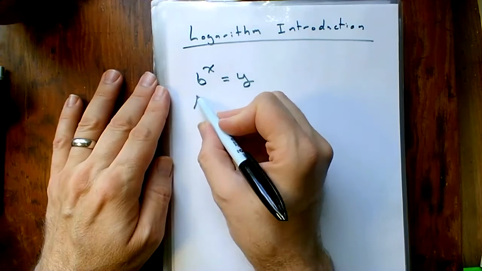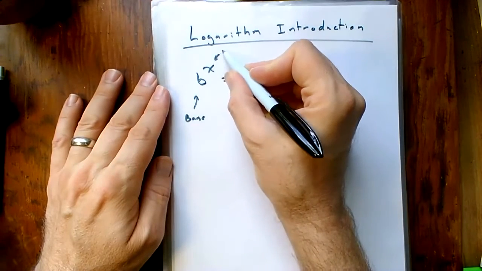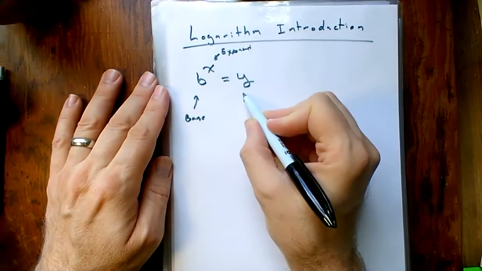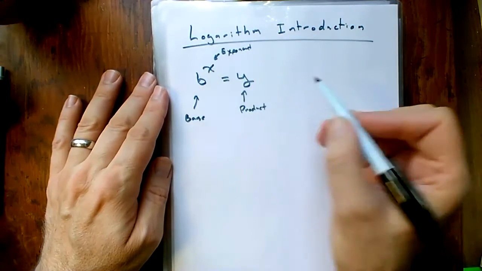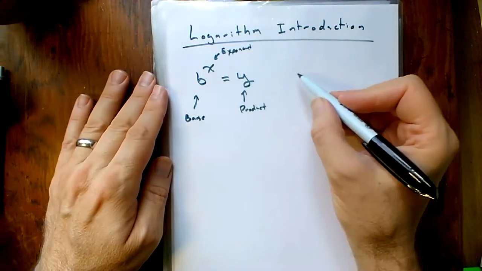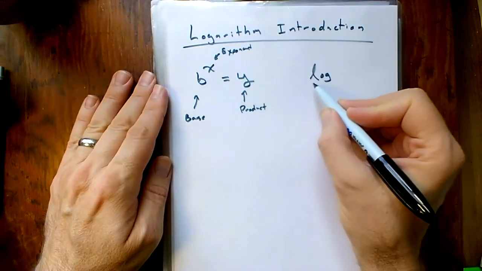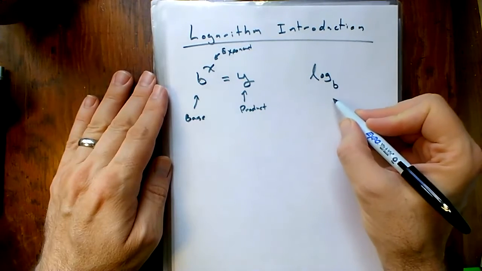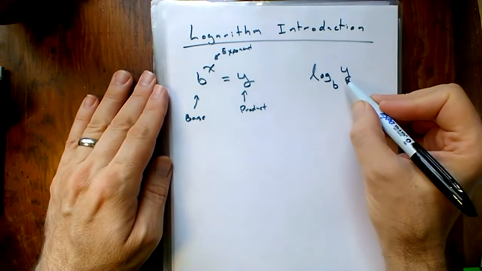So I've got my base, the exponent, and of course that equals the product. Well, with a logarithm, the base stays the same. We say log, and here is our base. We use a subscript. With that, we have our product.